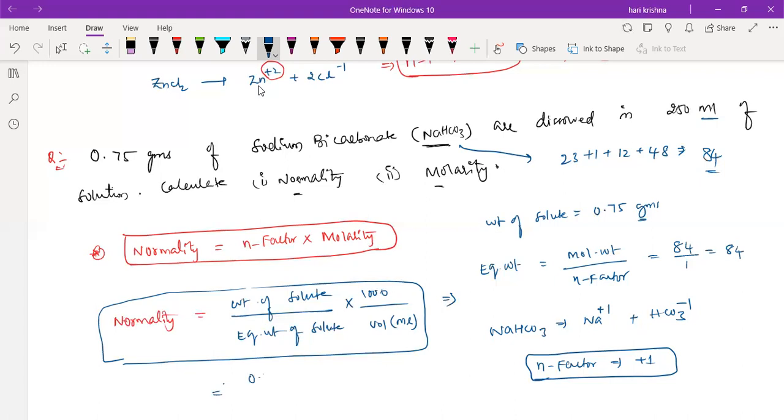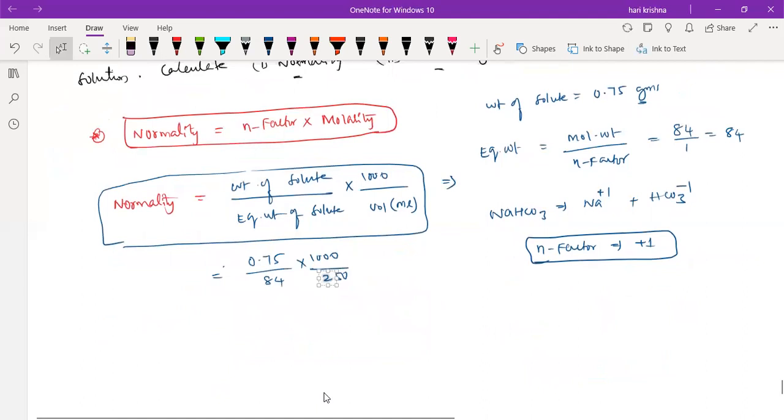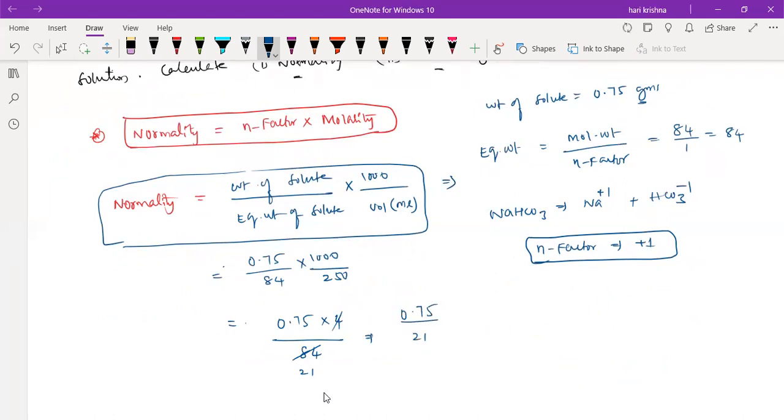Substitute here: 0.75 by 84 into 1000 by 250, and you'll get the answer. 0.75 into 4 by 84, that is 0.75 by 21, so 0.0357 normal.